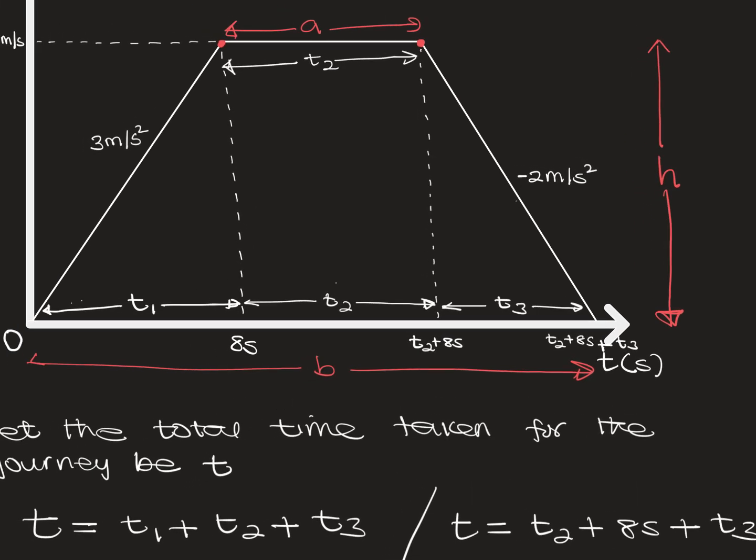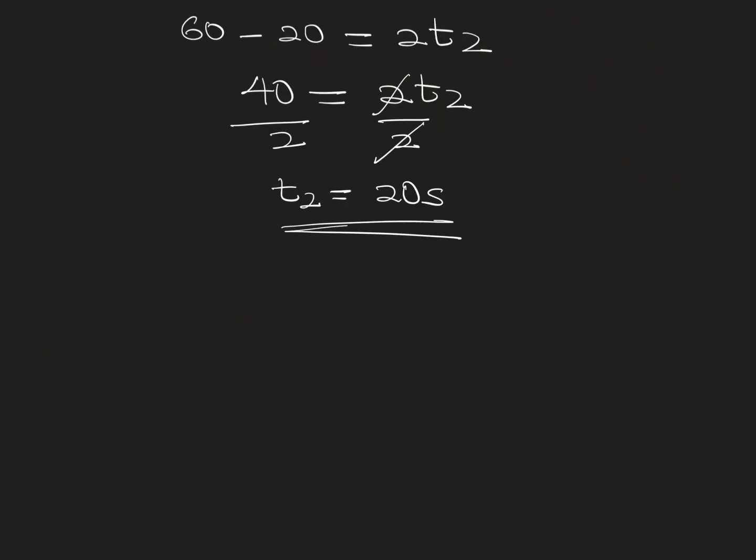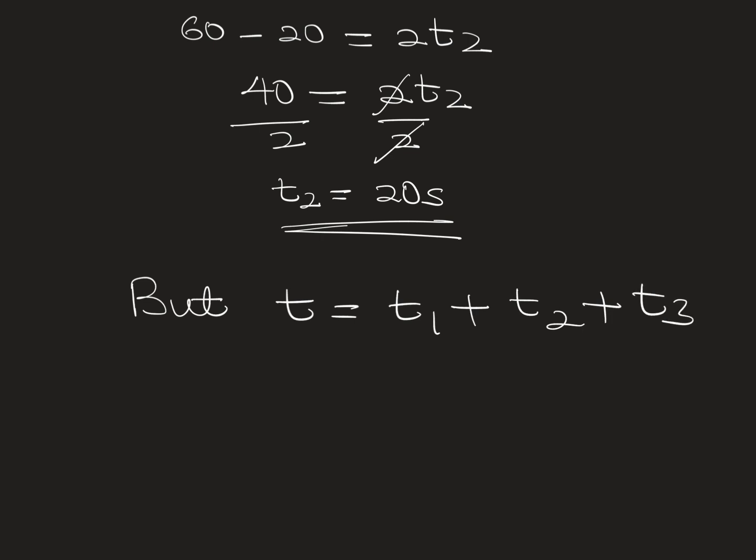Okay? So that is 20 seconds here. And T3 is calculated as 12 seconds. T1 is known as 8 seconds. Therefore, we can calculate the total time taken. We've said that T is equal to T1 plus T2 plus T3.